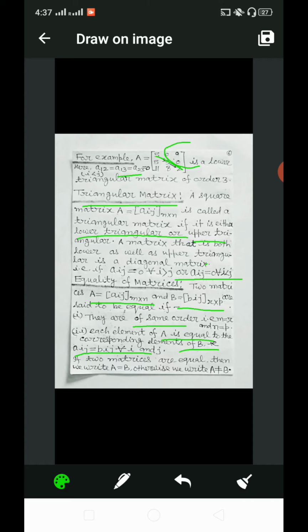If these two conditions are satisfied, then we can say that two matrices are equal and we write A is equal to B, otherwise we write A not equal to B. Means for equality of two matrices, the order of the two matrices should be the same, and the second condition is corresponding elements should also be equal. Thank you.